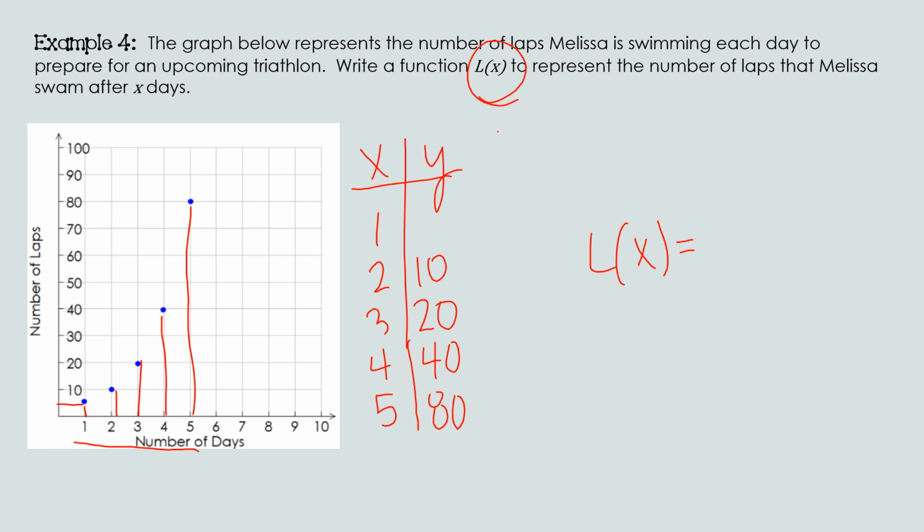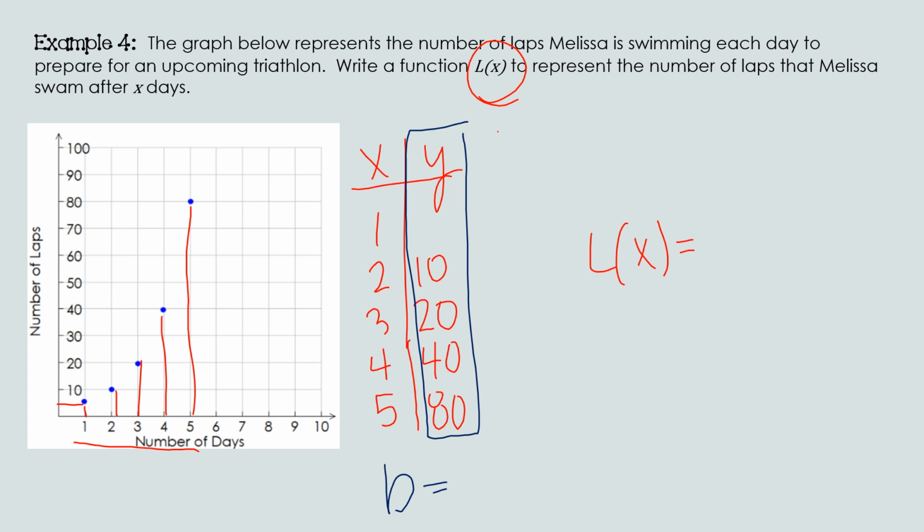We also talked about in the beginning of this video, the trick to be able to find the base if we don't know it is to take any of your y values and divide by the one before it. So y2 divided by y1. Now the order here matters. So you could start with 80, you would need to divide by 40. You could start with 40, but you would need to divide by 20.